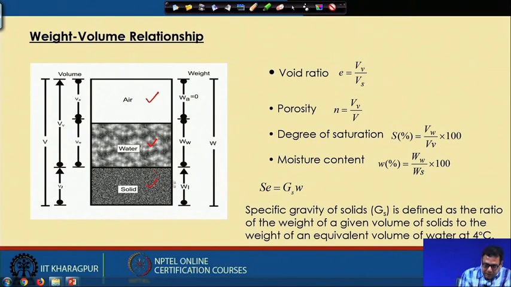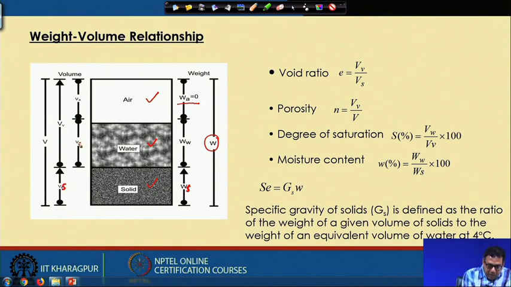Now, in this 3-phase diagram, W_A is the weight of air, which is generally neglected, so W_A is equal to 0. Then weight of water W_W, weight of solid W_S, and total weight W of the soil. In terms of volume, the volume of air is V_A, V_W is the volume of water and V_S is the volume of solid.